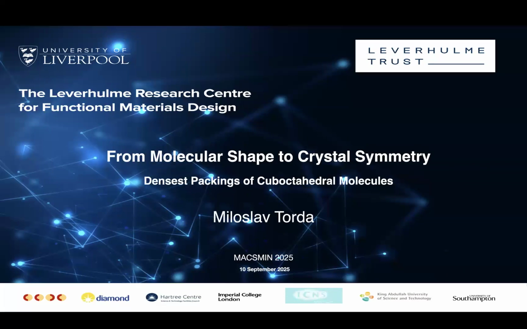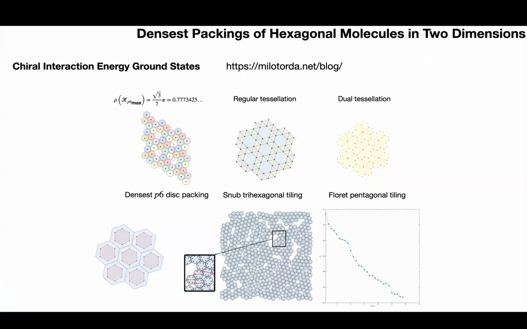I'm going to go over the second part, but I realize it's too much. So the topic should be cuboctahedral molecules. The first part I'm going to skip. If someone is interested, it's written up on my website in my research book. There are some animations, and it connects to the more interesting three-dimensional case.